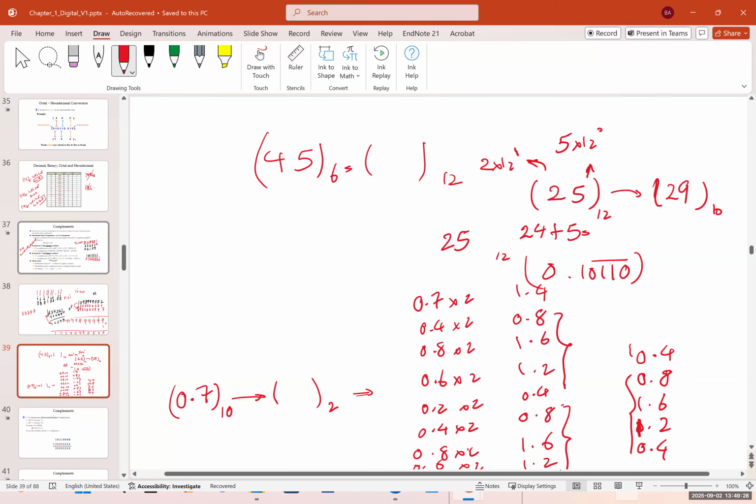Is it clear? So sometimes that happens. It goes on and on, it's just repeating. Some numbers do that. These are just two points that I wanted to mention. How do you handle that?